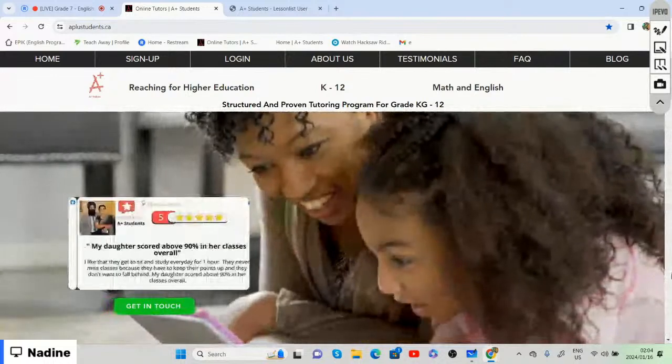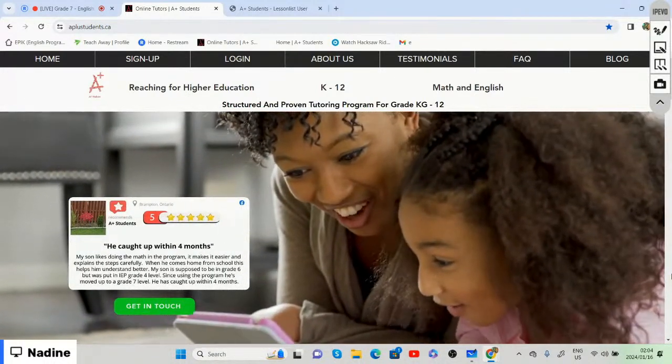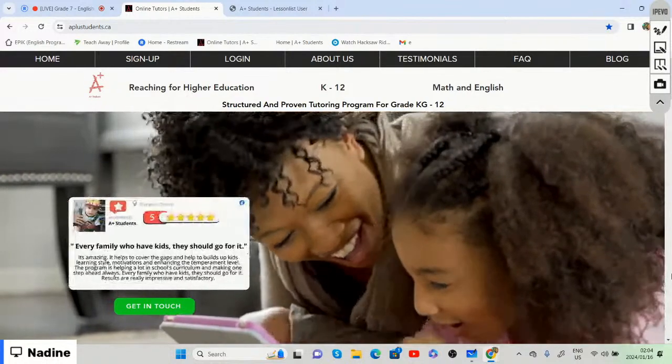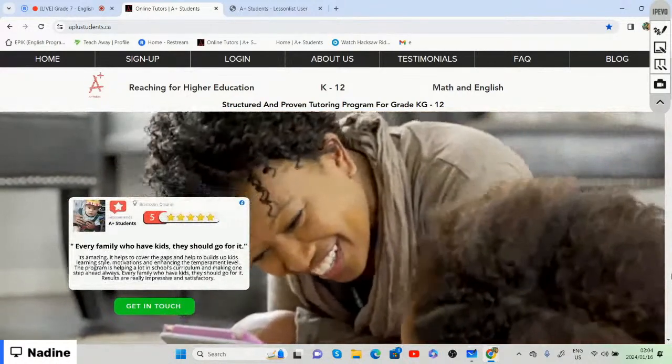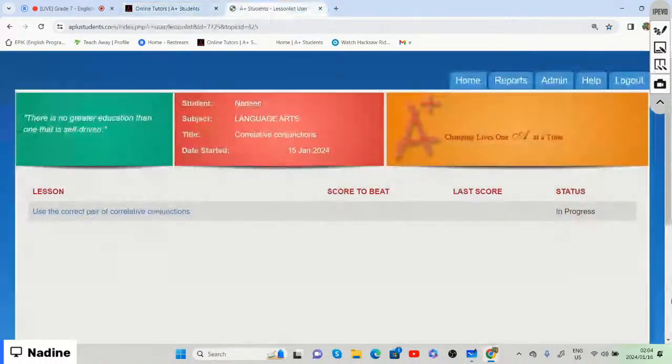Once we've selected the subject of language arts, grade 7, we're going to scroll down until we get to the chapter of correlative conjunction.